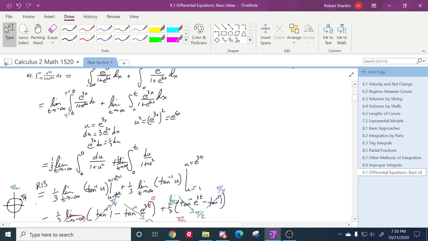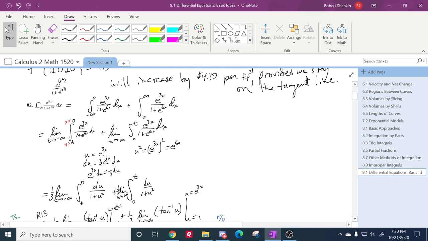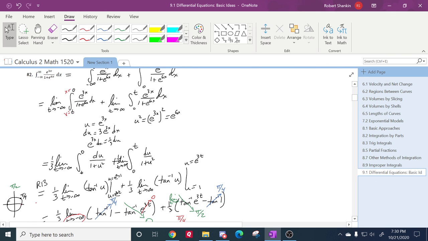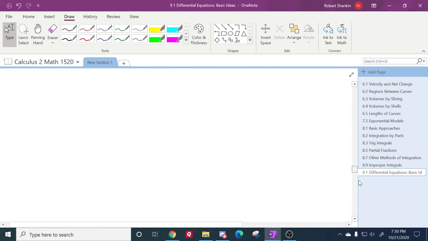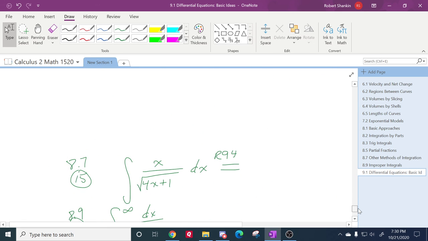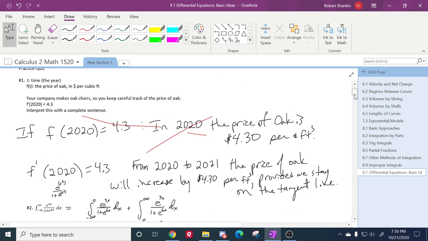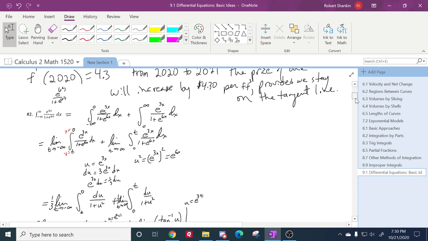This one became the integral from negative infinity to infinity of du over u squared plus 1, which is really the same type. The only difference is u squared plus 1 with a du at the top, and here it's x squared plus 100. So it's almost the same as that one. I'm just going to have you refer to practice quiz problem number 2.